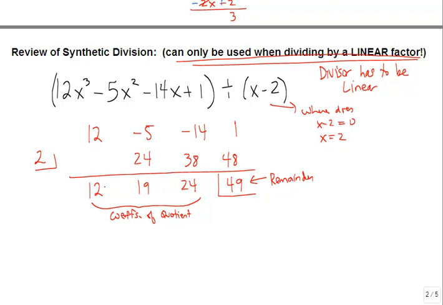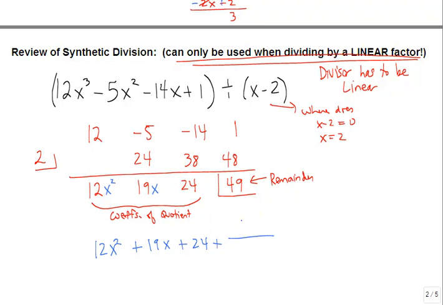So this would have to be starting off with an x squared, 1 degree less than that cube. Then this would go down to the x term, and then this 24 would be the constant. So our final answer is 12x squared plus 19x plus 24. And since we had a remainder, we're going to add to this our remainder fraction, just like we did with long division.